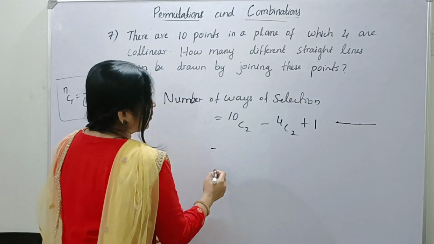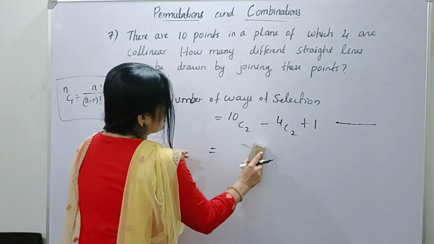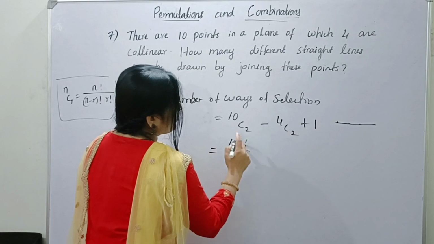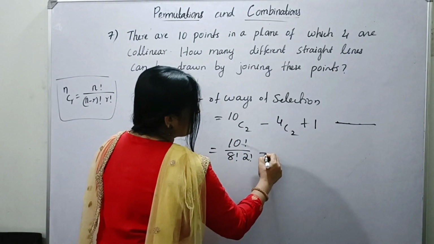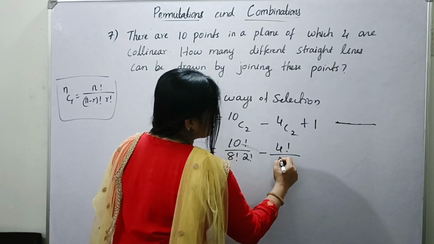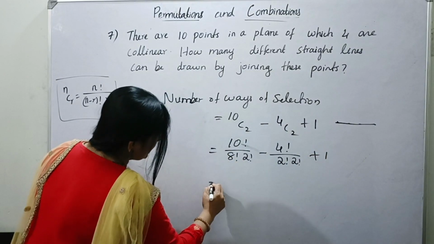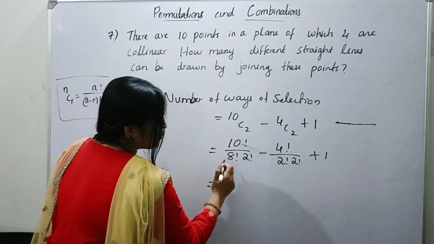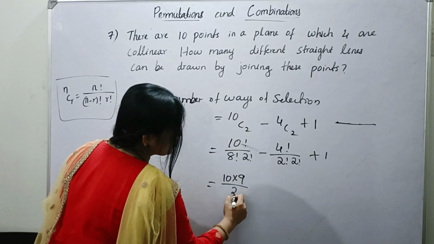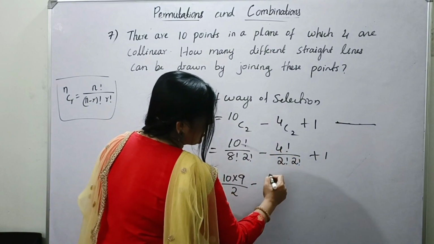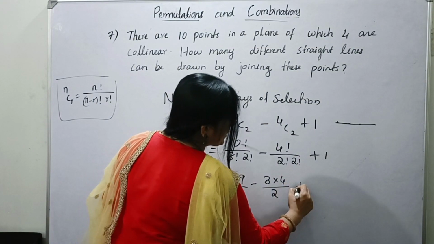That is equal to 10 factorial divided by (10 minus 2), that is 8 factorial into 2 factorial, minus 4 factorial divided by 2 factorial into 2 factorial, plus 1. That is equal to, 8 factorial cancelled. So 10 into 9 divided by 2 factorial is 2, minus 2 factorial cancelled, so 3 into 4 divided by 2, plus 1.